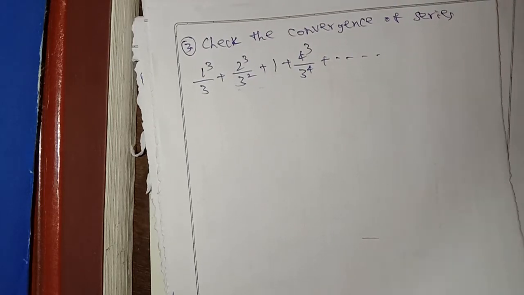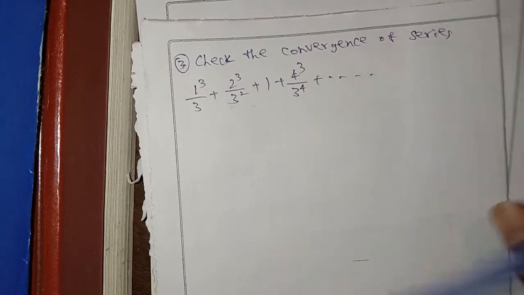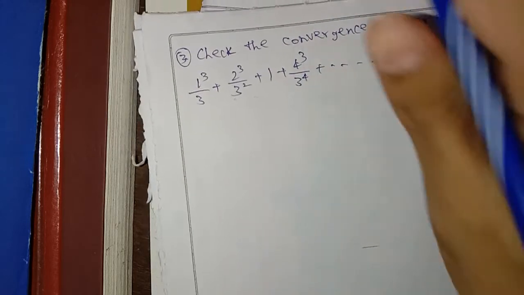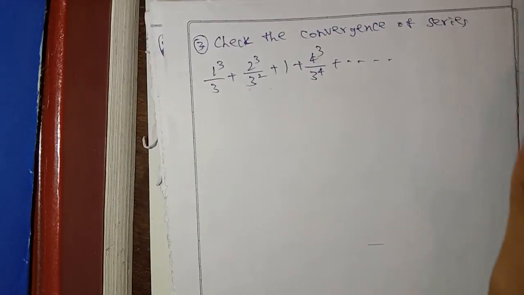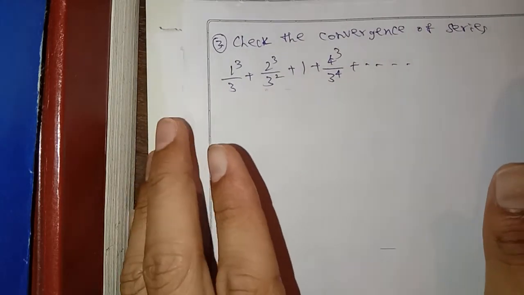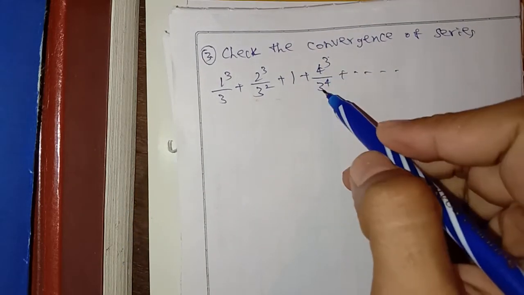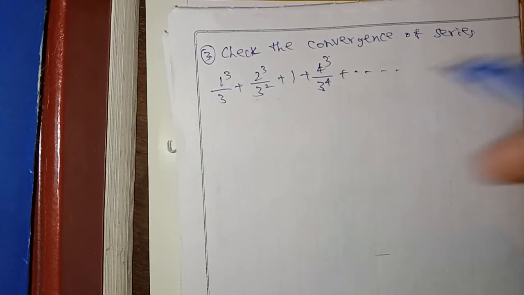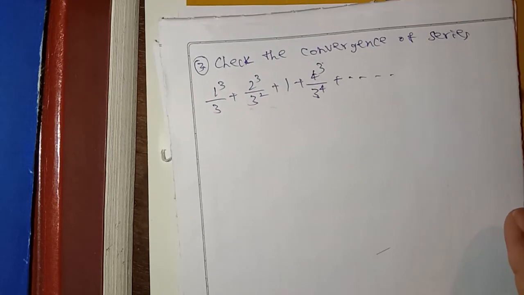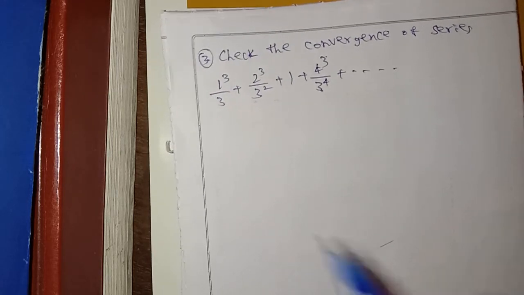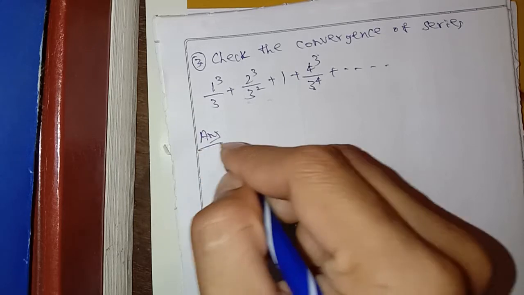Check the convergence of the series: 1 cube divided by 3, 2 cube divided by 3 square, plus 3 cube divided by 3 cube, 4 cube divided by 3 raised to 4, and so on. Now how can we write this series?